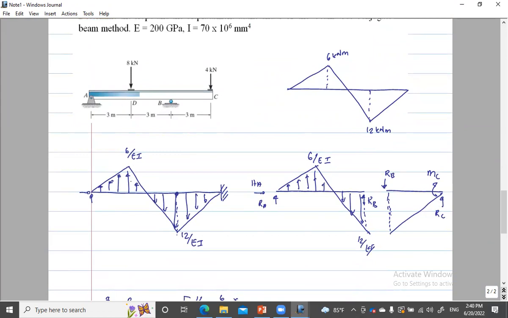Here it is 3, but here, since this is 6 and this is 12, this is going to be 2 and 1.